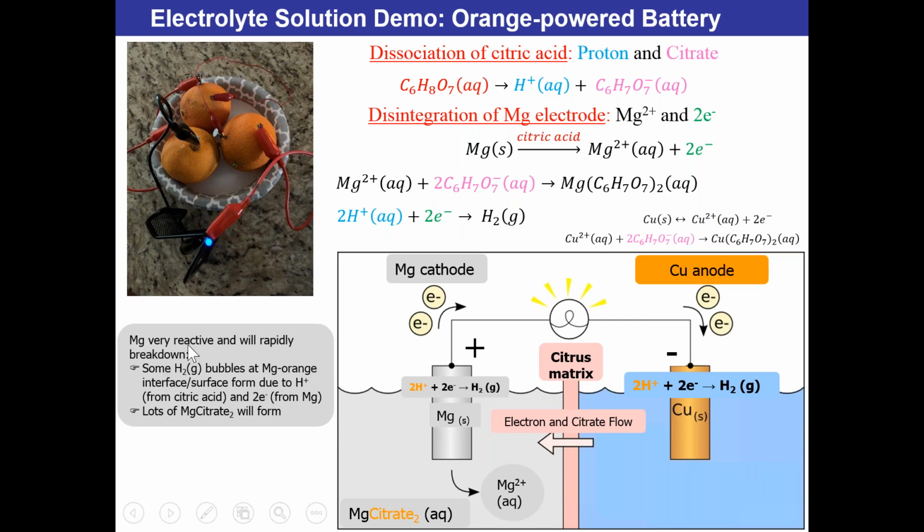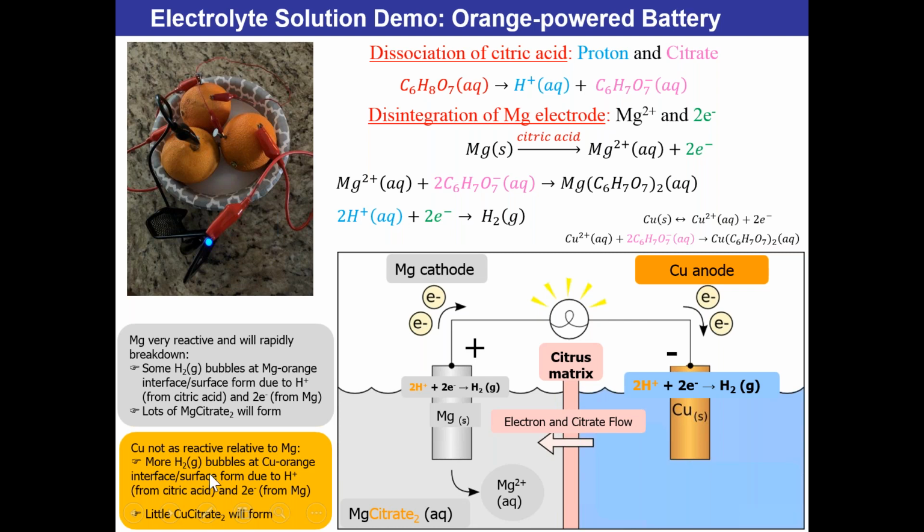So this is just the summary then. Magnesium is very reactive and will rapidly break down. Some of those hydrogen bubbles at the magnesium orange interface surface due to the protons from citric acid and the electrons evolved from the disintegration of metal, but that's not going to be very prominent. However, lots of magnesium citrate will form.